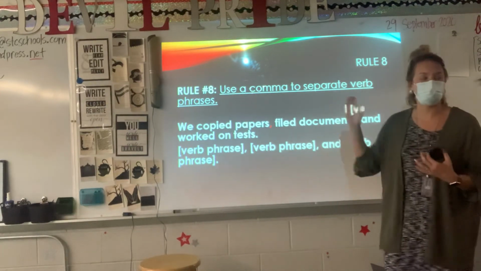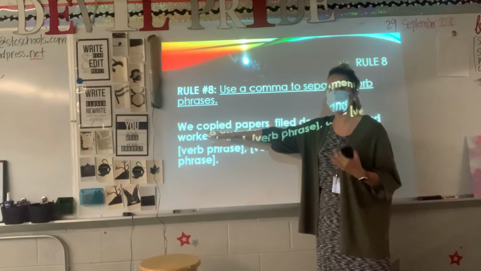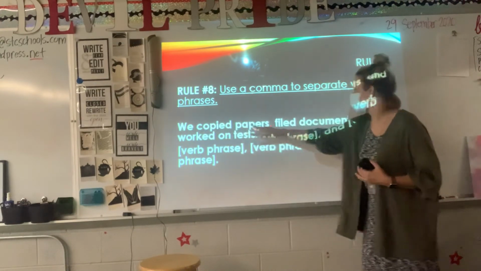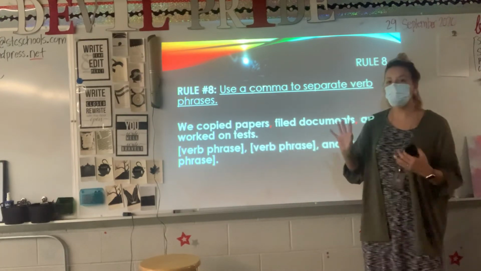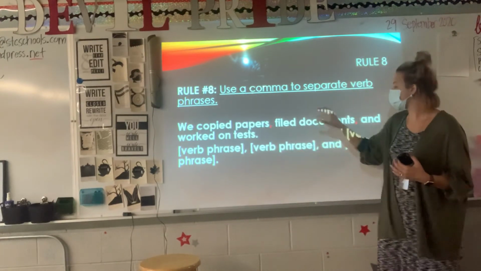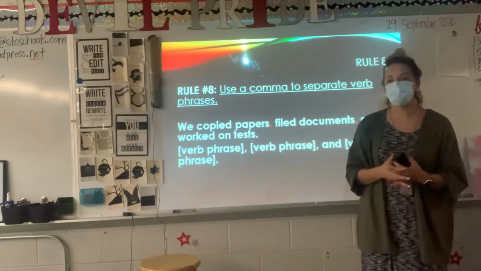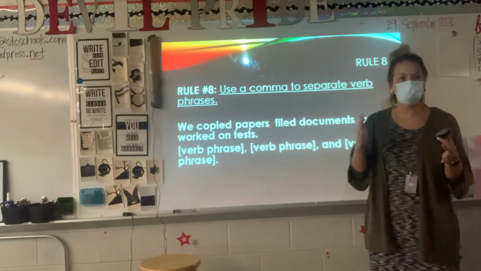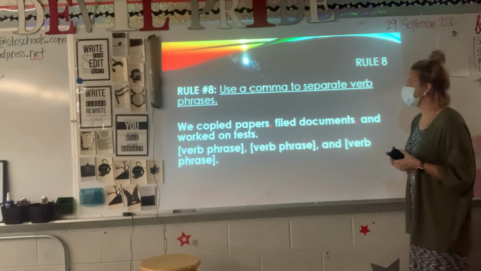So I'm breaking that structure. And this is just a good example of proper parallel structure. We copied, we filed, we worked. So when you're working on a list, you want those things in your list to be the same. You don't want to jump around with different types of parts of speech. You want to stay consistent. So we'll practice that skill more though.